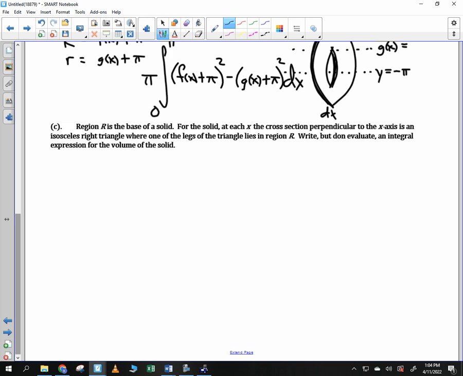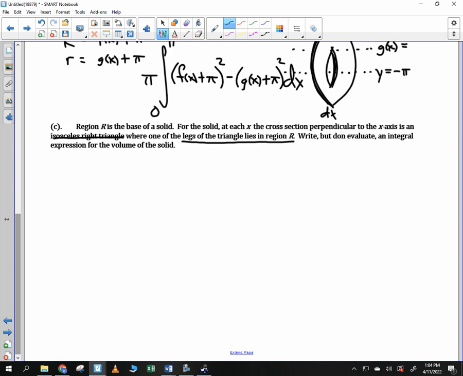Region R is the base of a solid. For each solid, the cross-section at x, perpendicular to the x-axis, is an isosceles right triangle where one of the legs lies in region R, right? But do not evaluate the integral expression for the volume of that solid. Quick pair and share. Tell somebody what you know about an isosceles right triangle.